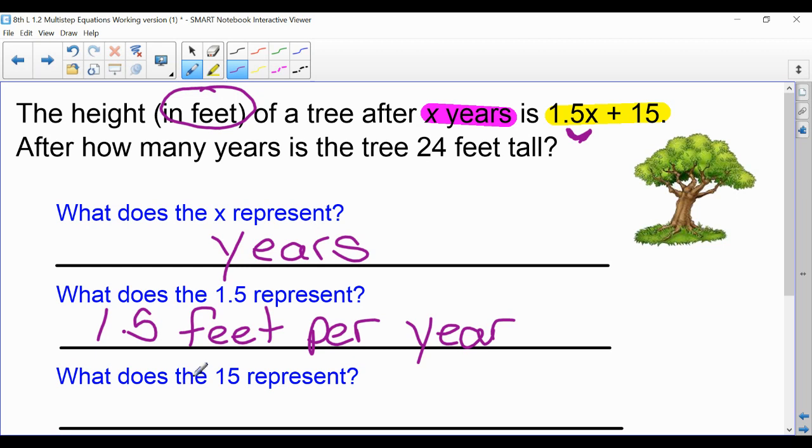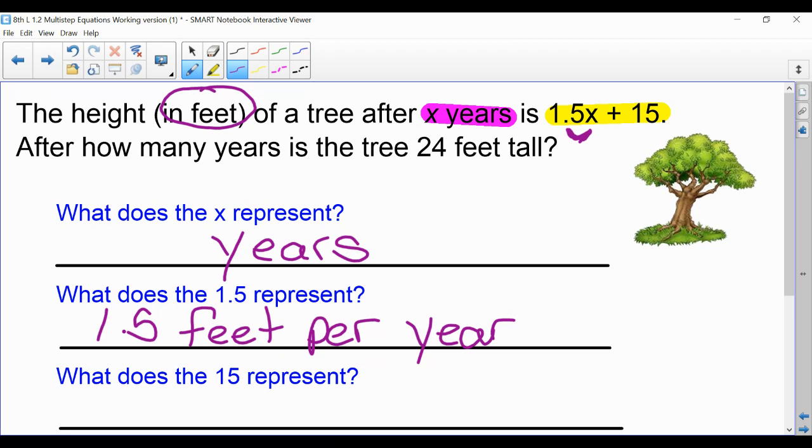And then the last question is asking us, what does the 15 represent? So where did that 15 come from? It was something that happened in the beginning and it doesn't change. So if the story was that this tree was planted, well, the tree had to be a certain height when it was planted or when we first started analyzing this. So that's what the 15 represents.